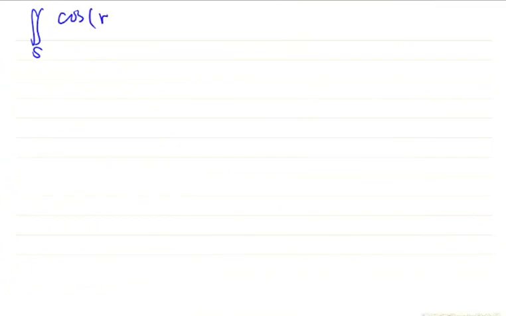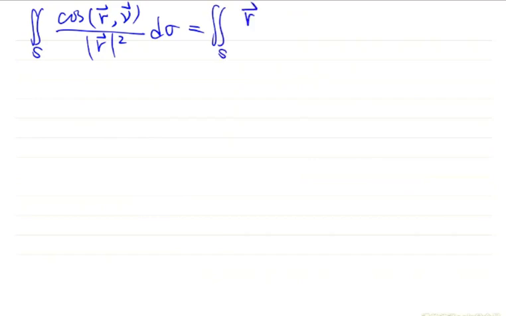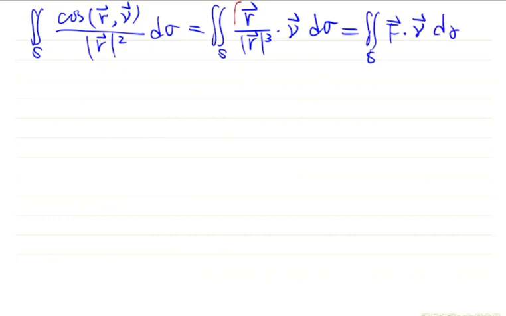Cosine of R and mu over the norm cubed, square, is the R cube inner product, and then this is F. So this is just our F. Okay, so continue.